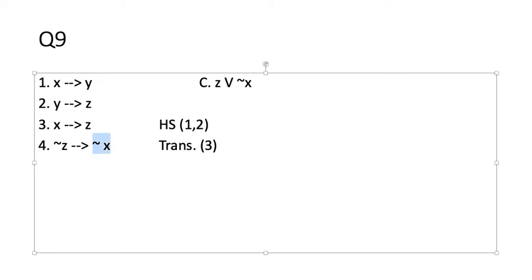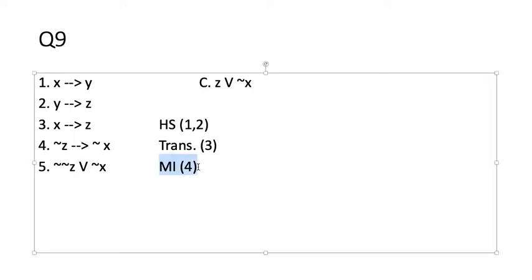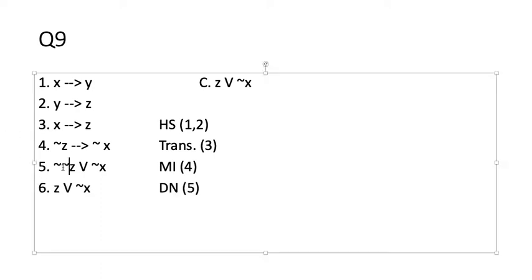Now I'm going to do material implication on line 4, and that gives me not z or not x. Now I'm one step away from the conclusion. I just do double negation on 5 to get rid of those 2 nots. So I get Z or not X, and that's my conclusion.